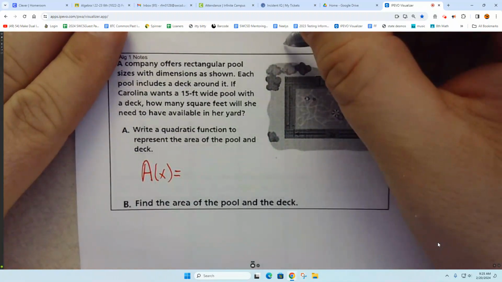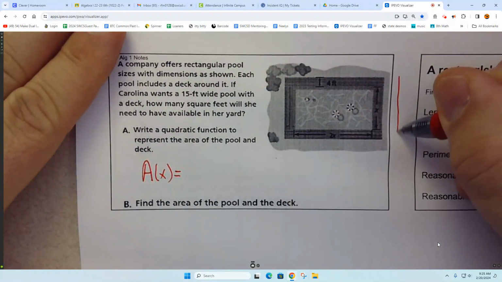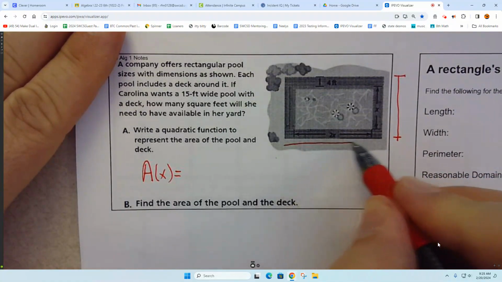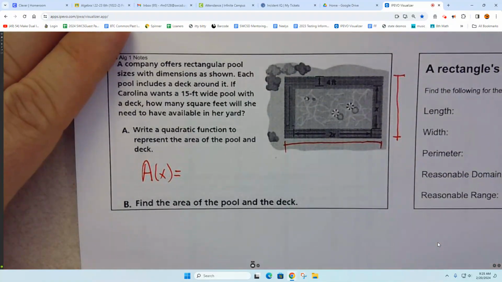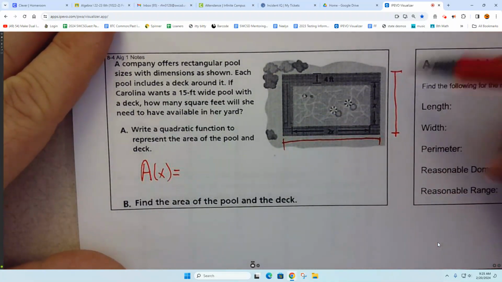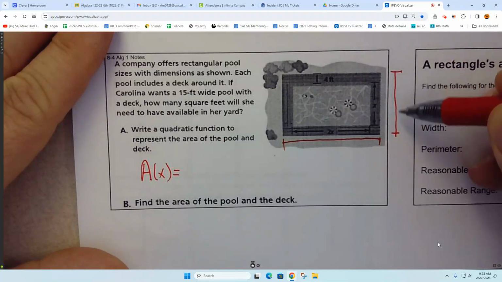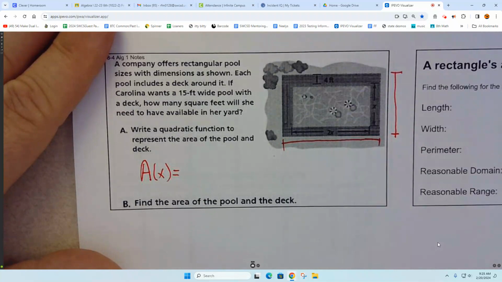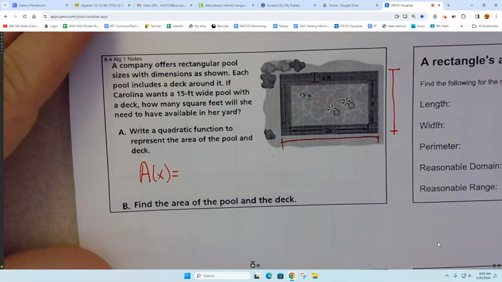So we need to know how wide is it, right? Because area for this is length times width, and what is the width of this? And of course, it's not just given. They give us these parts. Let's go with the width first. Can somebody tell me what they think this is? It's not just X. You see how it stops short there?